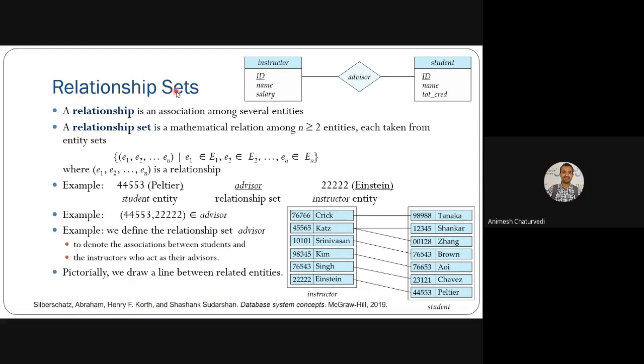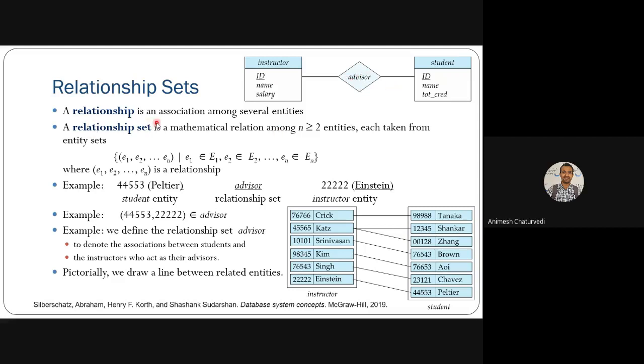Then the relationship set. This is how the relationship of advisor works. There are various instructors with different IDs, names and salaries. They have a relationship with the student as the advisor, like in the master's program or in the PhD program.